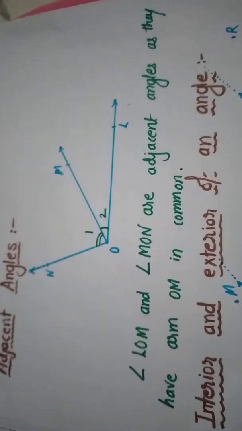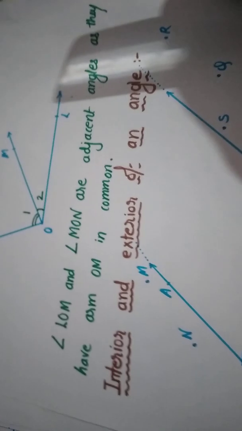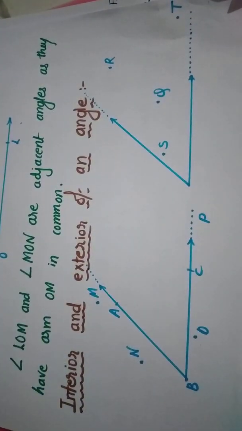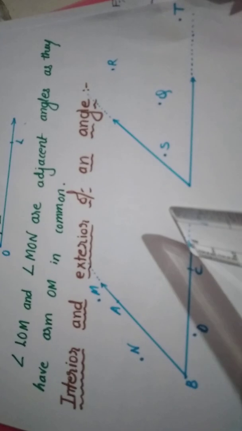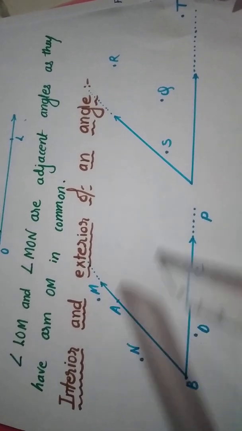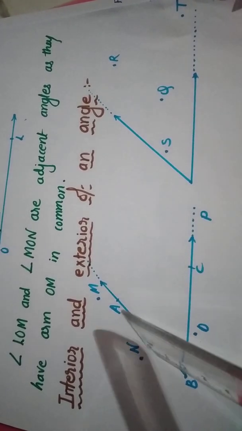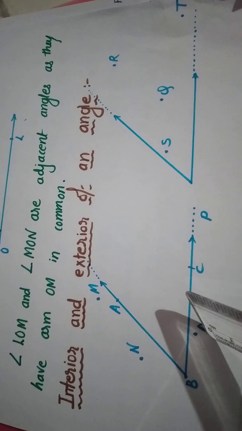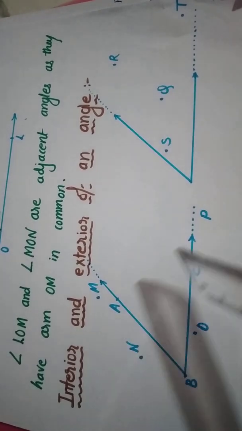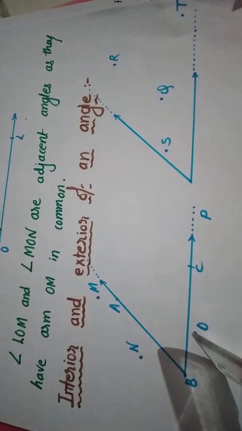Now see here, interior and exterior of an angle. Let us see what the interior and exterior of an angle are. So here two angles I have drawn. So angle ABC and this angle is also there. In this angle ABC, these two points are shown here, that is point O and point N. So these are nothing but the exterior of the angle.